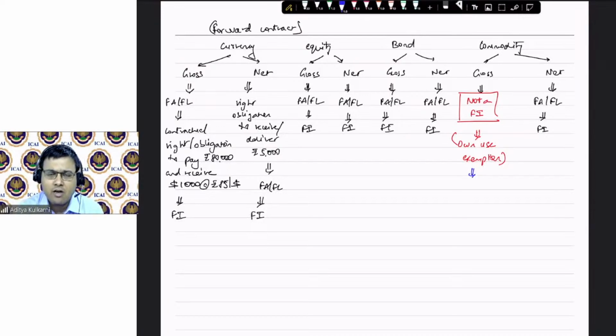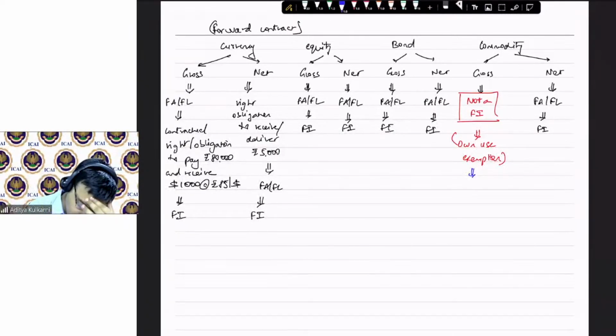So if I have a contract to purchase 100 tons of wheat, or in our example, 10 grams of gold for 55,000, obviously you will have a doubt that, sir, I have an obligation to pay 55,000.